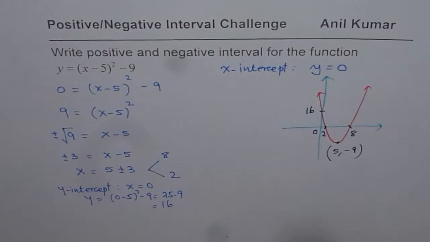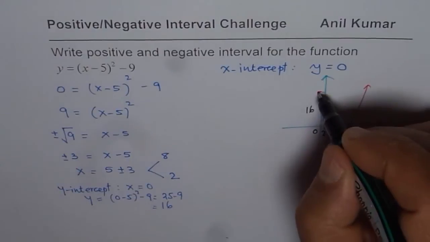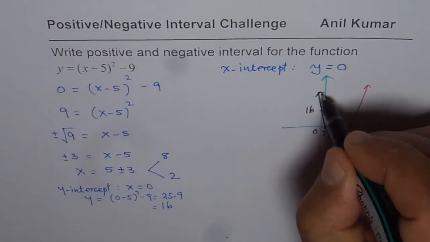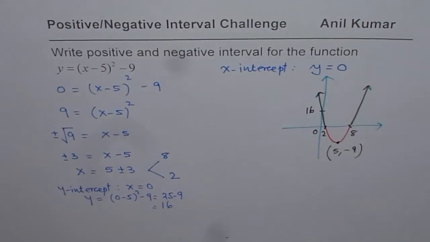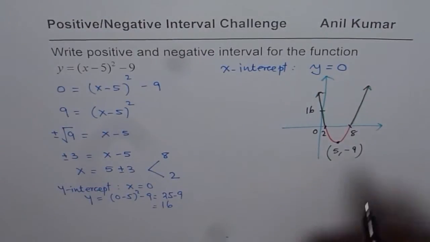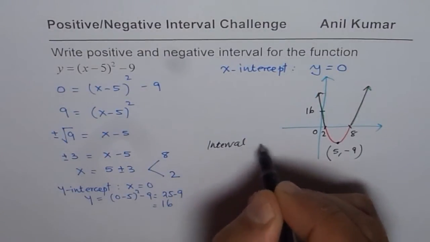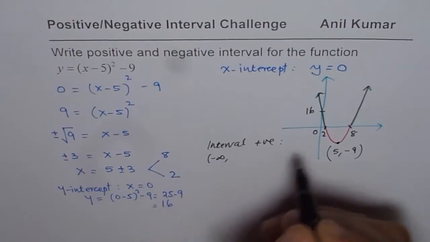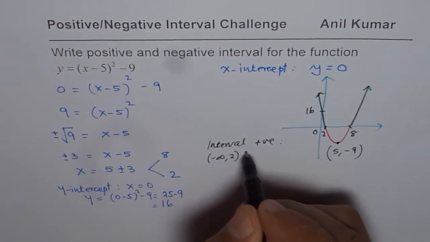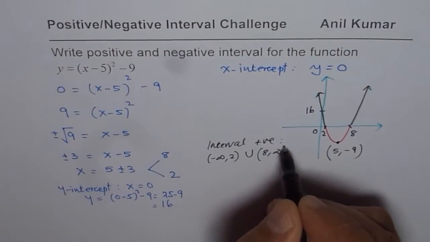Now clearly you can write down the intervals when the graph is positive and when the graph is negative. You see it is positive from minus infinity to 2 and then from 8 to positive infinity. So we can write down the interval for positive as from minus infinity to 2, union, meaning and, from 8 to positive infinity.